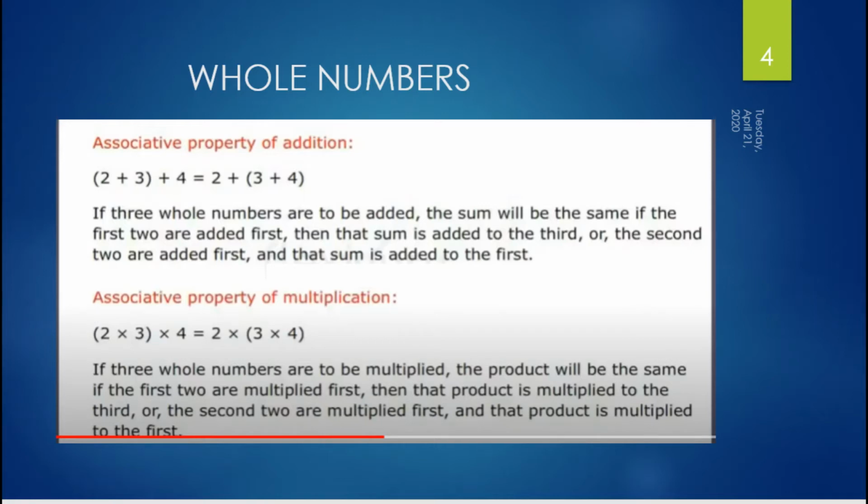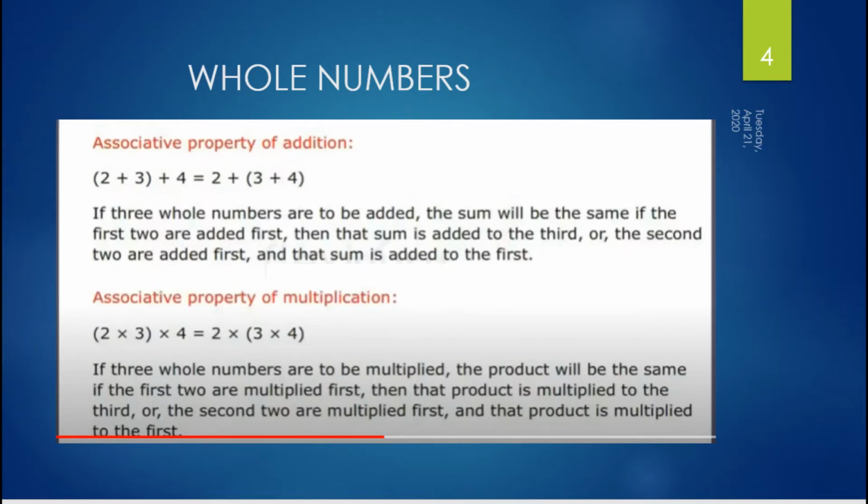You can see 2 plus 3 is written inside a bracket and 4 outside the bracket. I have to solve 2 plus 3 is 5, 5 plus 4 is 9. This is also equal to 2 plus, within the bracket, 3 plus 4. Then I add 3 plus 4 is 7, plus 2 is 9. In that case also the answer will be 9.